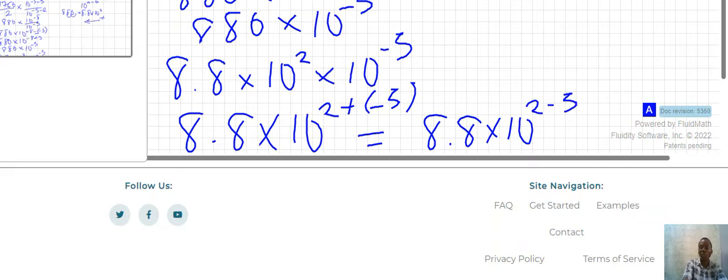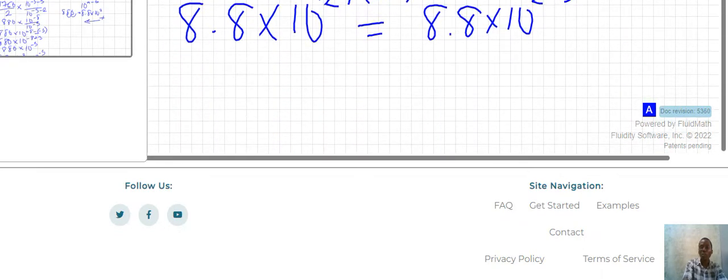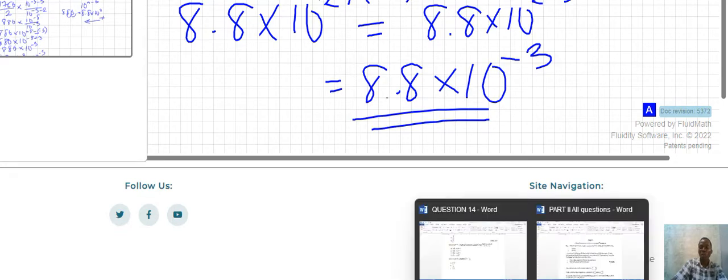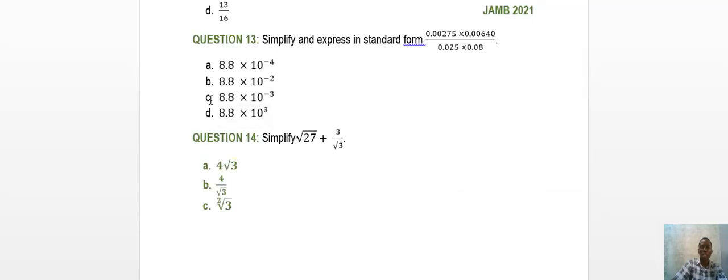And 2 minus 5 will give us minus 3. So you see that will be the solution. So when we go back, we're going to look at that. The correct option is option C.